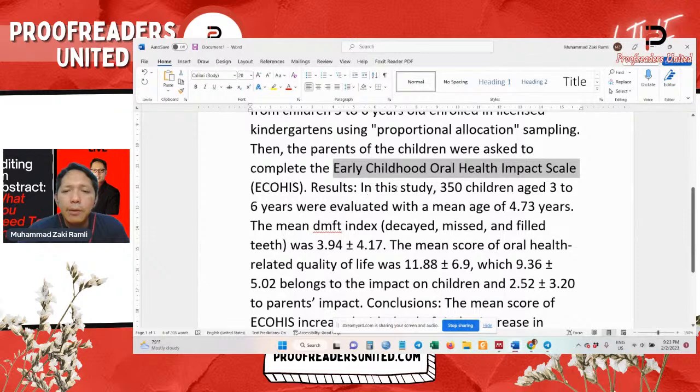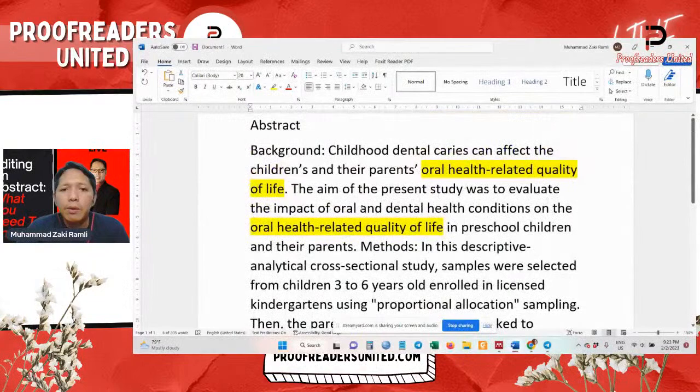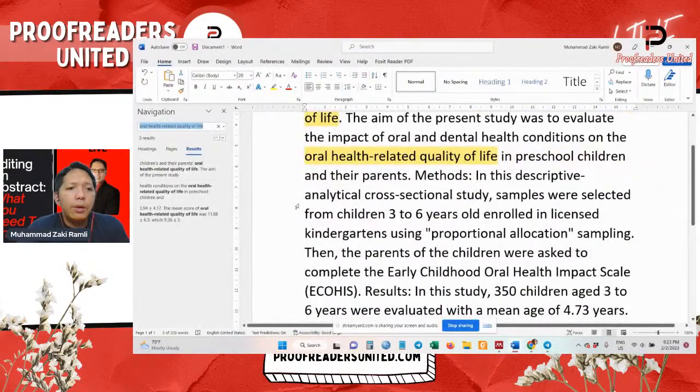Results: in the study, 350 children aged 3 to 6 years old were evaluated with a mean age of 4.73. I would like to stop there because I found something.